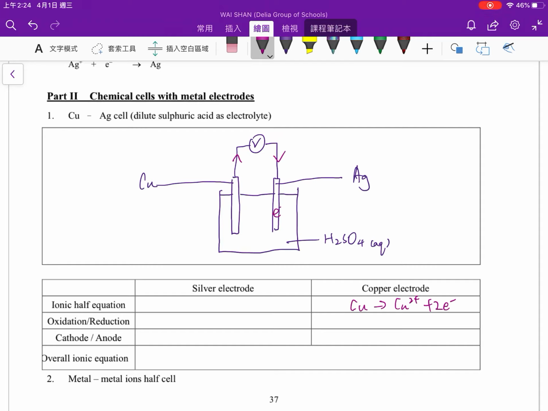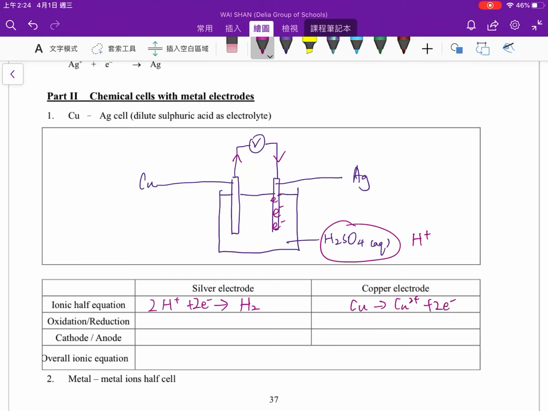So there will be some electrons on the electrode, which is negatively charged, and then it will attract the positively charged ion inside the acid. Inside sulfuric acid there is only one cation, which is hydrogen ion.